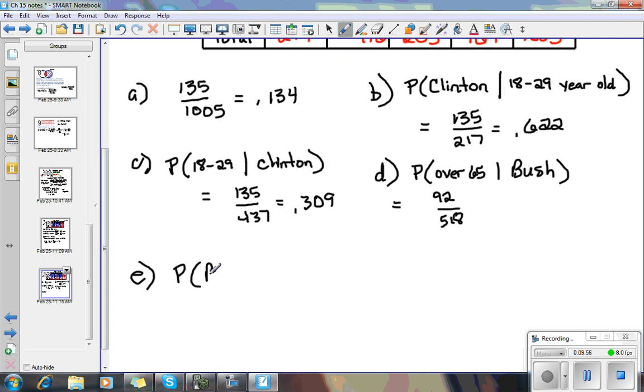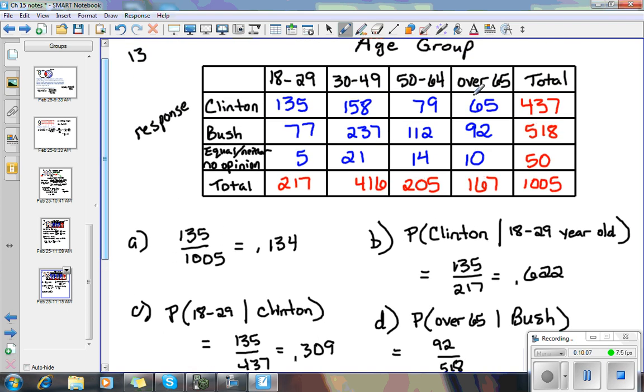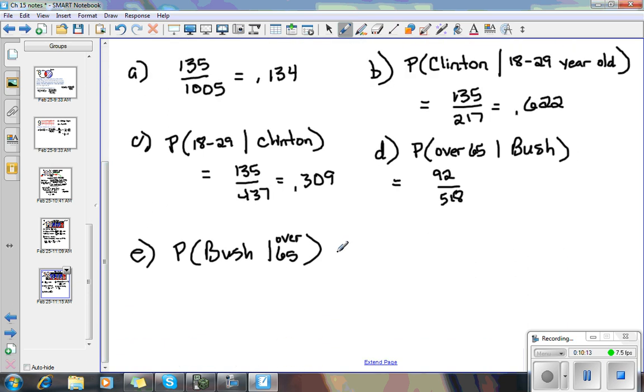What's the probability that they chose Bush? So, given they're over 65, there were 167 of them, 92. So 92 out of 167.